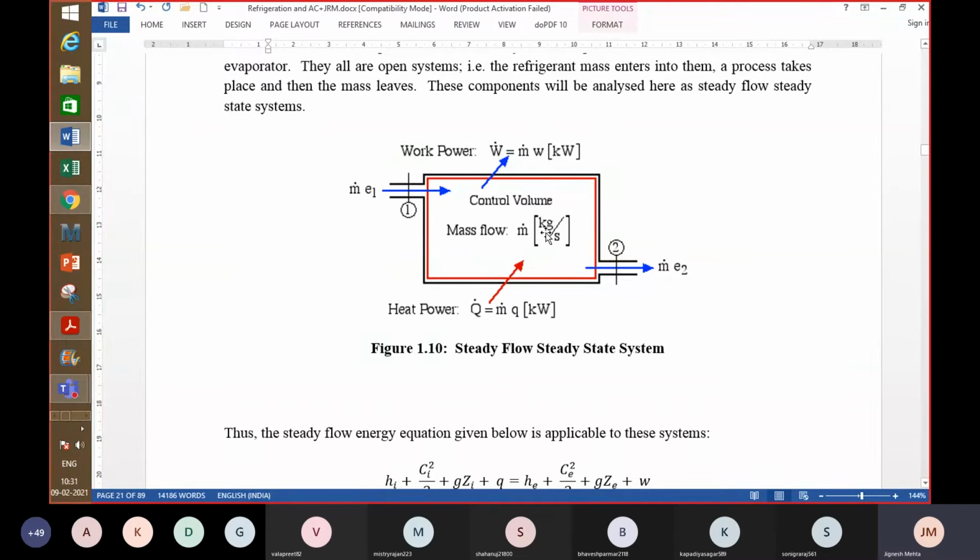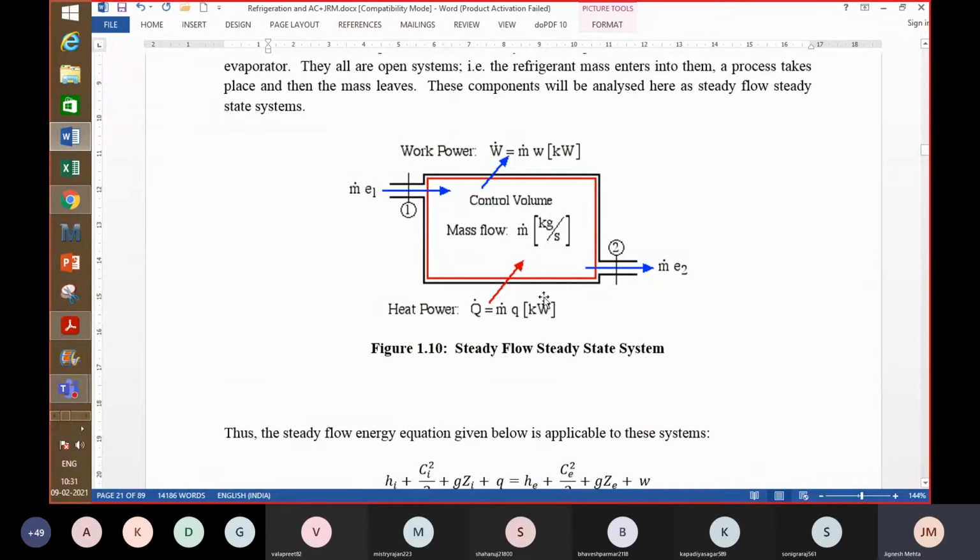Okay, and here the rates are shown. Sometimes you write them as rates, and sometimes you can also write it as just the property used in kilojoule per kg, right? So here it is kilojoule per kg into mass flow rate. So in that case, it will become watts or kilowatts.